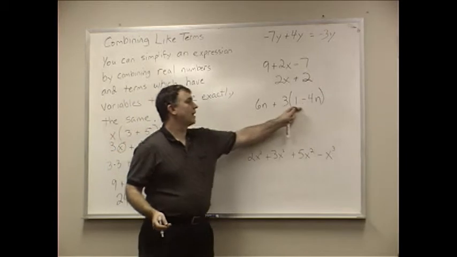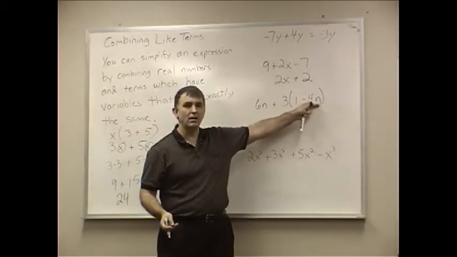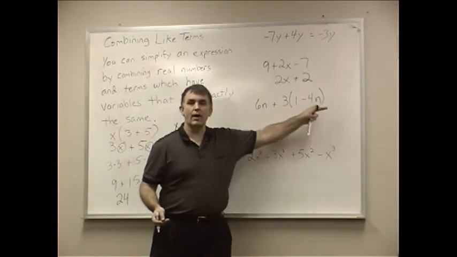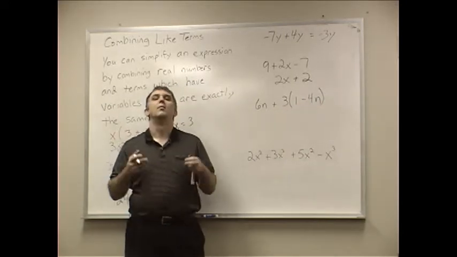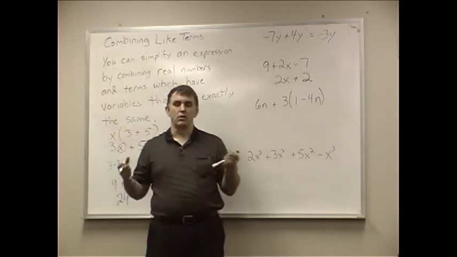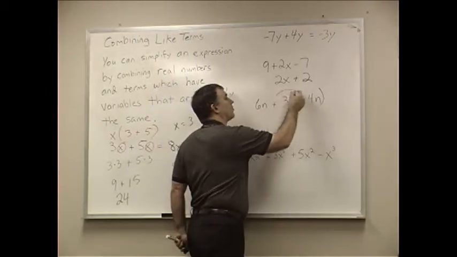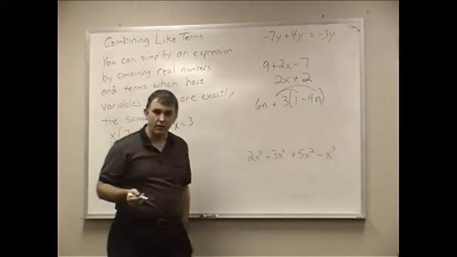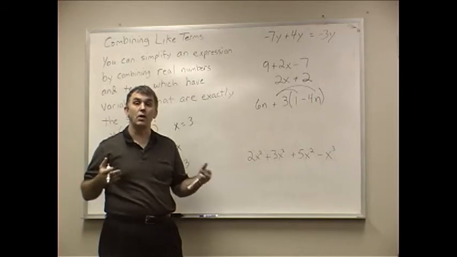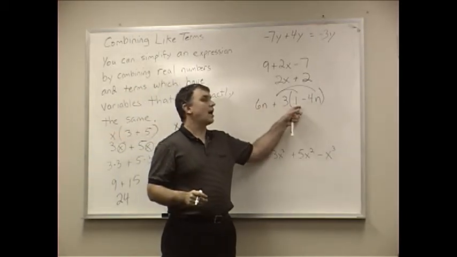The third example has a 6n and a 4n, but this is buried inside some parentheses. Before you combine things, you've got to get rid of the parentheses. You're going to use the handy-dandy distributive property, because the distributive property gets rid of parentheses. It makes it so that we can combine like terms. So 3 times 1.